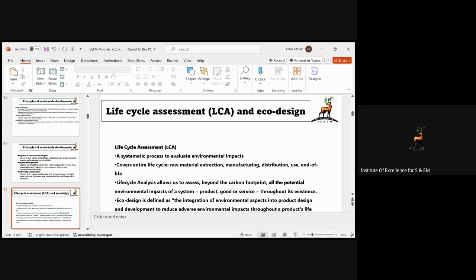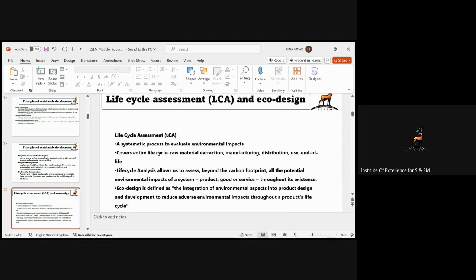So basically, life cycle analysis allows us to assess beyond the carbon footprint, all the potential environmental impacts of a system or a product or good or any service which is impacting our environment. So we have to evaluate it, we have to assess it.